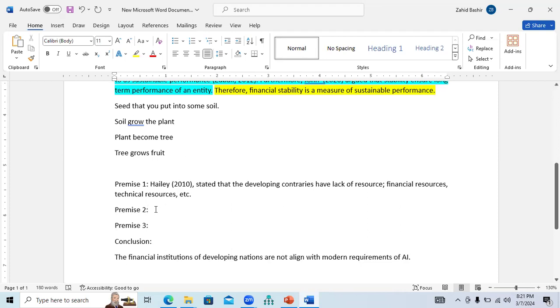I find another study, and what does it say? Similarly, per capita GDP in developing nations is comparatively low compared to developed economies.